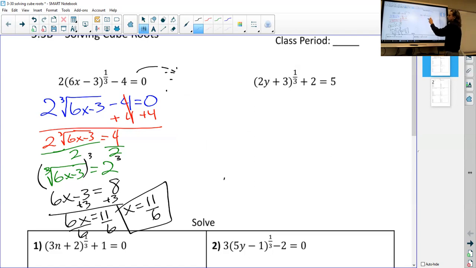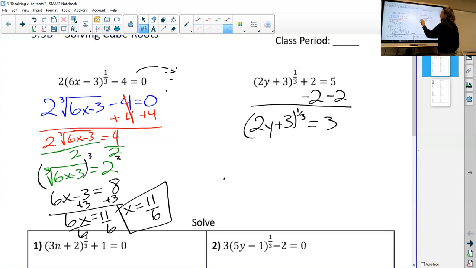So 2y plus 3, cube root of that, plus 2 equals 5. I want to get the root by itself, so I'm going to subtract 2 from both sides. So 2y plus 3 to the 1/3 power equals 3. Then to undo the cube root, we need to cube both sides.